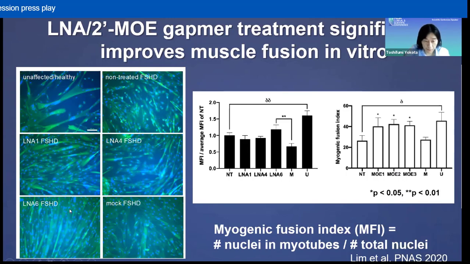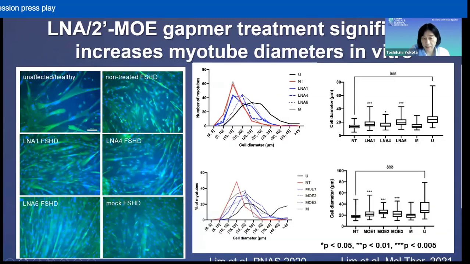After the treatment, for example, if you look at LNA6, they form more mature and thicker myotubes compared to the untreated ones. We can see a significant difference in the thickness of the myotubes, or the fusion index. So after the treatment, apparently myotubes differentiate better. So this is also an encouraging result.